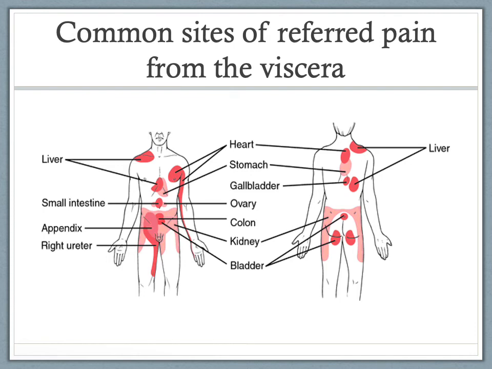But if you look at the referred pain here on these charts, you can see in the area of the ovaries and the uterus and the ureter, those are very similar areas that are covered. So that's something that, based off of that area, could be a referral from viscera.